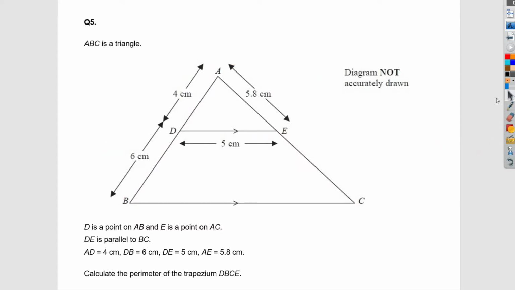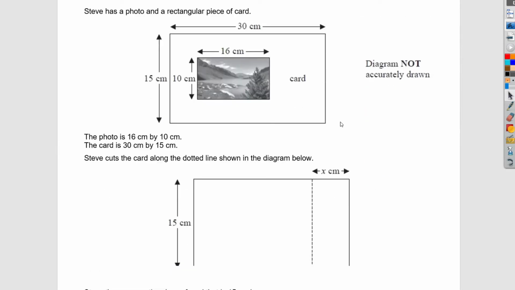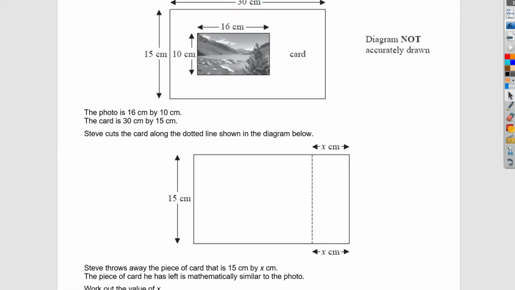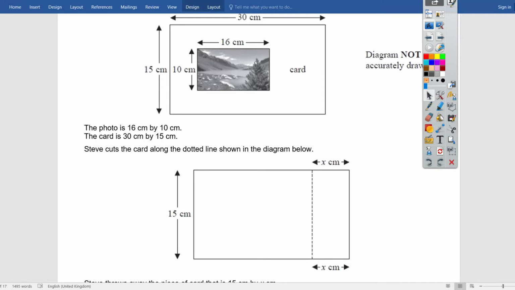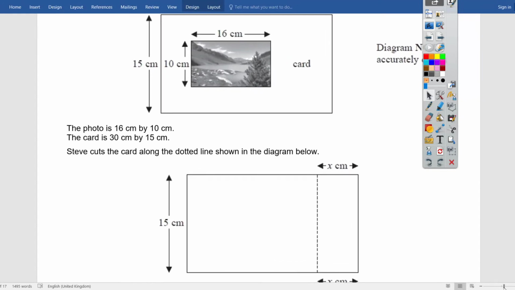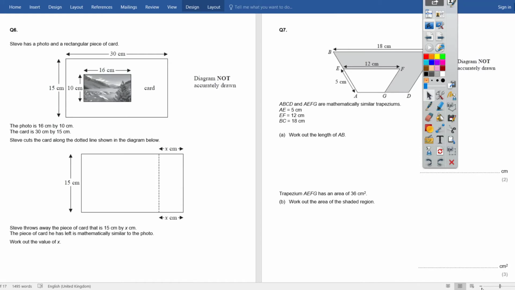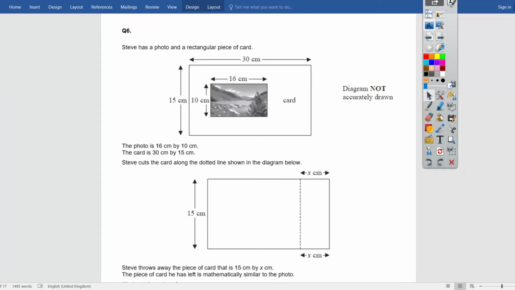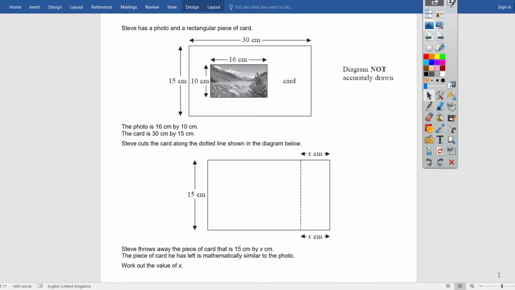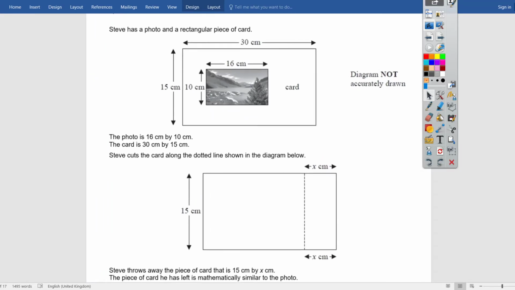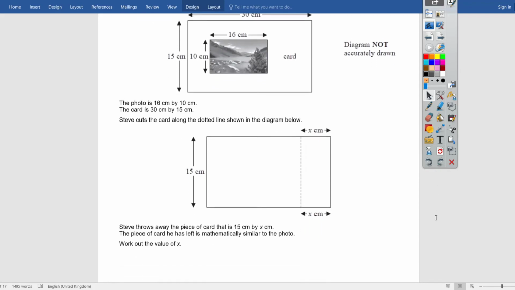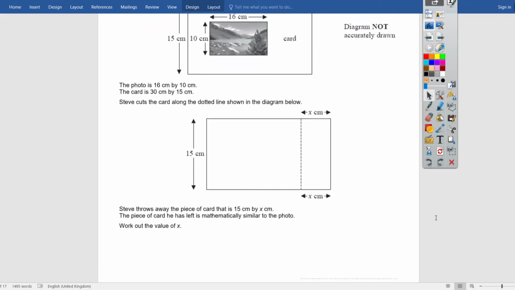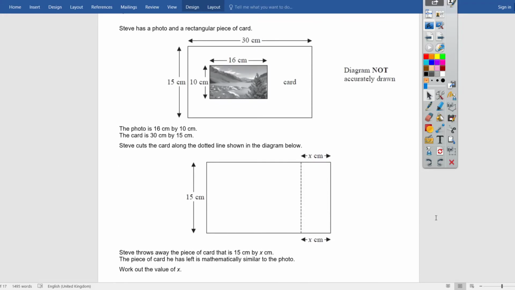Let's scroll down to question 6. If I just scroll down, okay, 3 marks.